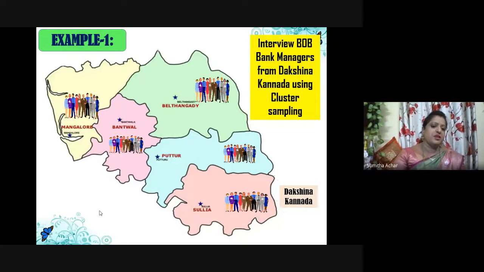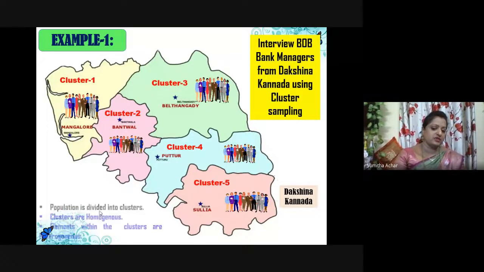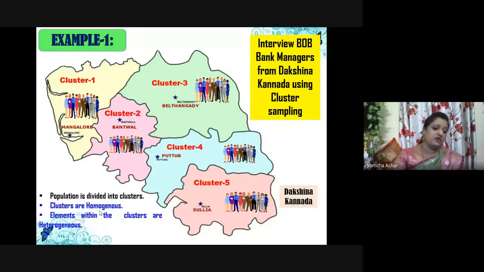Consider the first cluster, second cluster, third cluster, fourth cluster, fifth cluster, and so on. Now in the first cluster, Mangalore, how many Bank of Baroda branches are there? There are many branches. How many managers are there? There are many managers, right? So these clusters are homogeneous in nature, but within the clusters, the branch managers are all heterogeneous in nature.